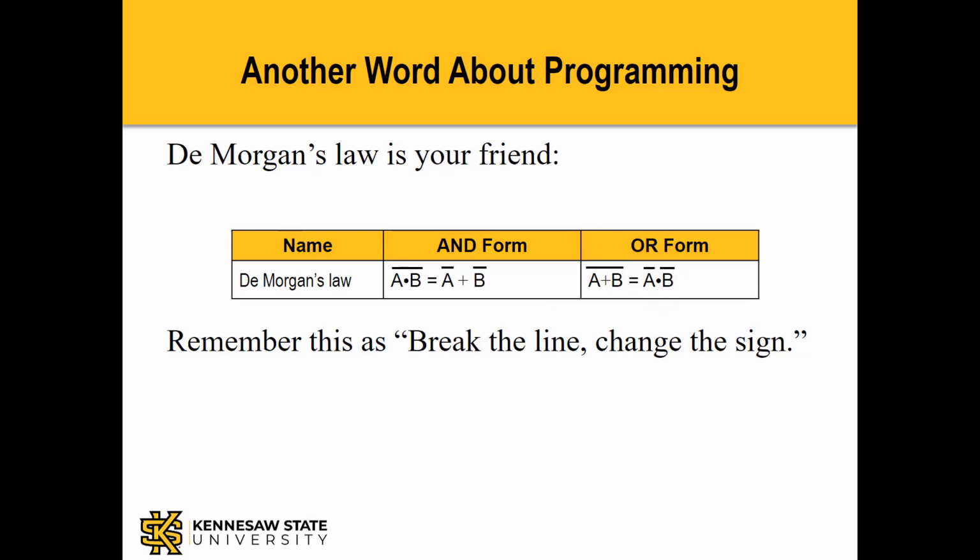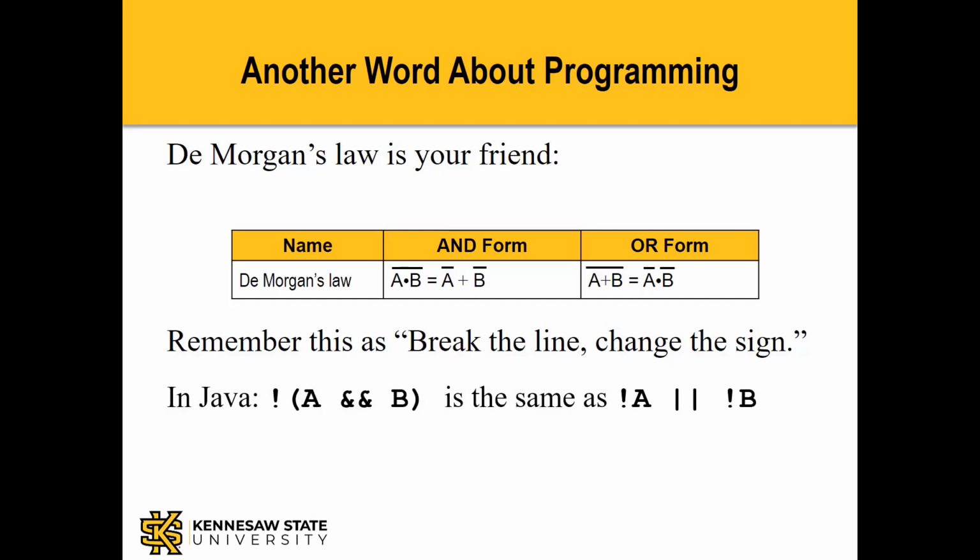If we were writing in Java, we would say that not parenthesis A and B is the same as not A or not B. That's the and form. We'd also say that not parenthesis A or B is the same as not A and not B.